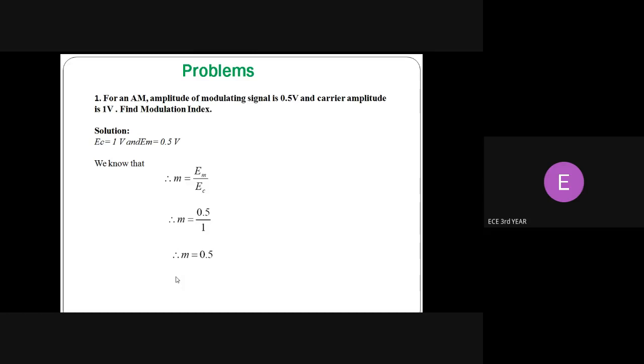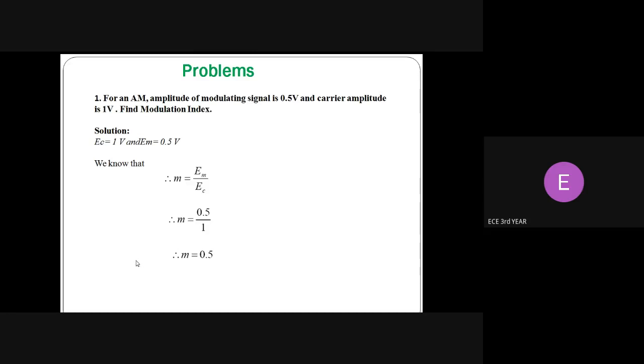The carrier amplitude is 1 volt. Find the modulation index. Modulation index is the message signal strength divided by the carrier signal strength. Signal amplitude is nothing but the strength; amplitude and strength both indicate the same thing.